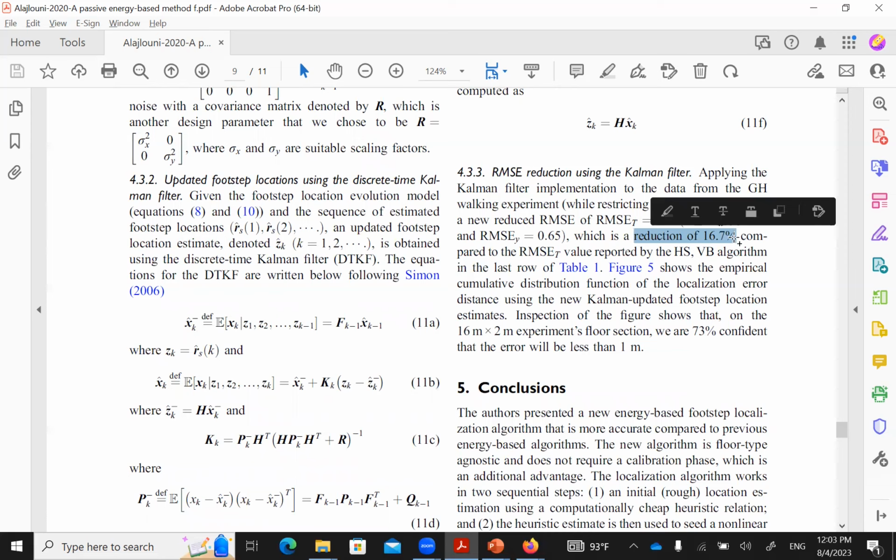It basically says, for example, if you have someone walking, like these are the legs of someone walking. One step, you have the first measurement here, you have the second measurement here. If the third measurement comes out here, then the Kalman filter would say, wait a minute, I have a state model that says that if you have two footsteps here and here, then the third one should be here.